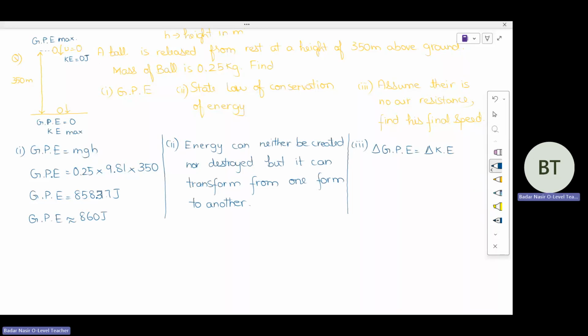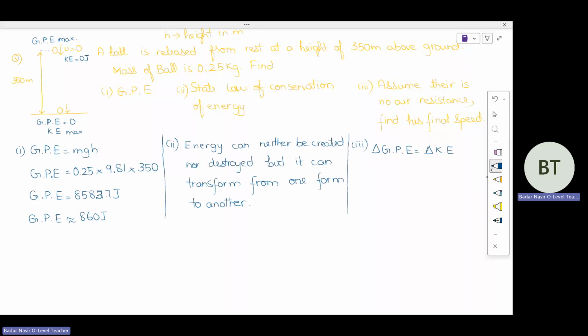So I can say because if there is no air resistance, if there is no resistive force that is opposing the motion of the ball, तो इसका मतलब ये होगा कि there are no energy losses that are taking place. ठीक है? इसका मतलब क्या है कि अब क्योंकि कोई एनर्जी लॉसेस नहीं हो रहे हैं, तो उसकी जितनी भी ग्रेविटेशनल पोटेंशियल एनर्जी है वो सारी की सारी किस में कन्वर्ट हो जाएगी? काइनेटिक एनर्जी के अंदर.